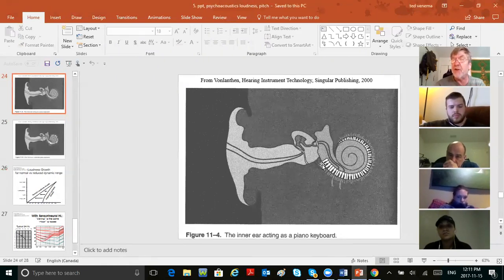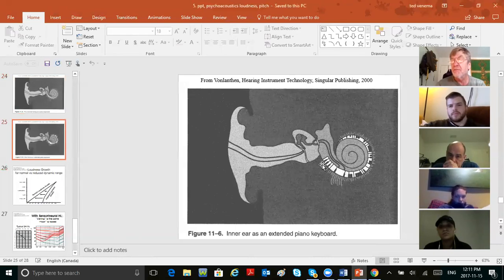Watch what happens with hair cell damage. You've lost frequency resolution. The keys on your piano got fatter. Now instead of playing with fingers, now you're doing this kind of stuff. Okay, it's just not as fine-tuned anymore. So now you've lost the ability to distinguish between frequencies close together.